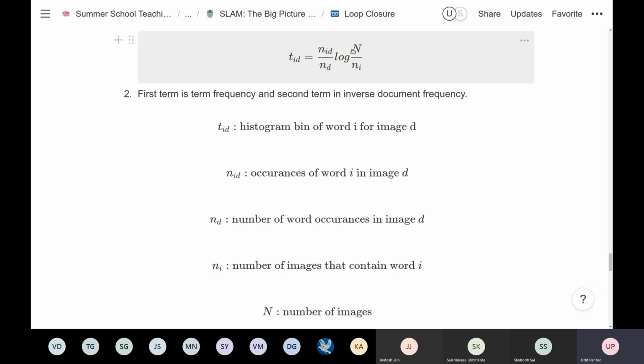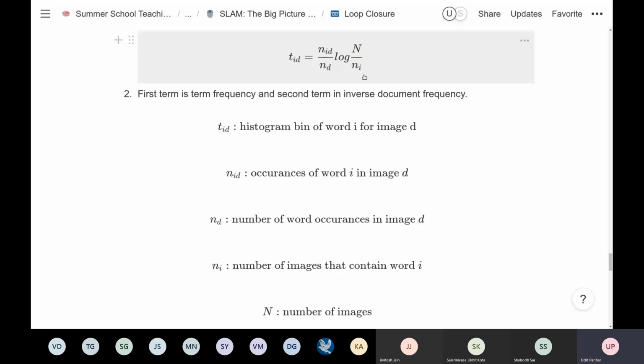So it is N upon ni. If a word occurs very few times, this will be quite a high value, and if a word occurs in all the images, then it will be N by N, so it will be log of 1, which is 0.